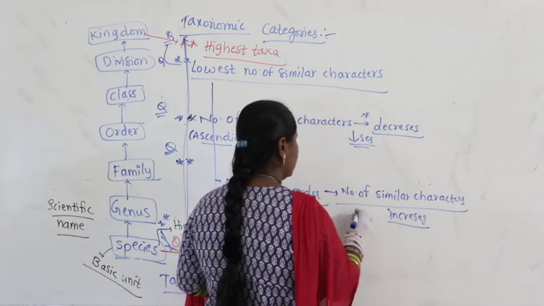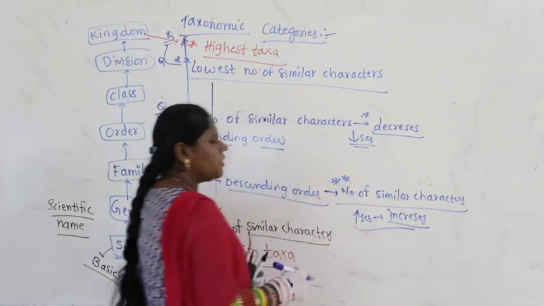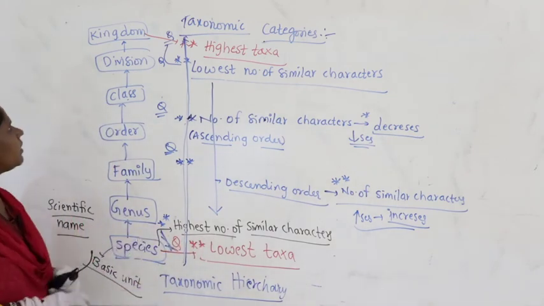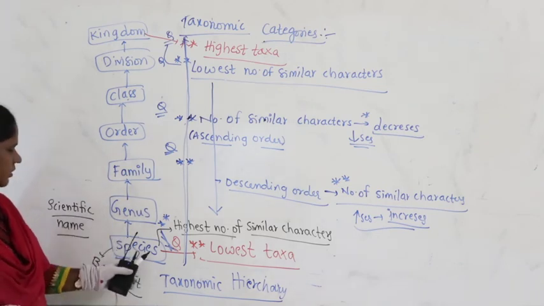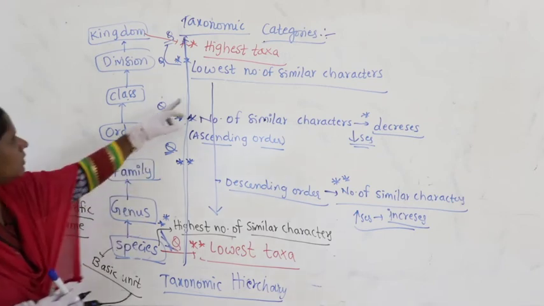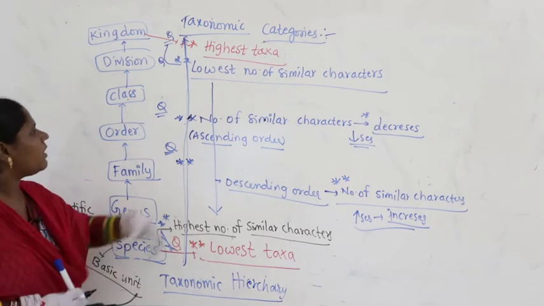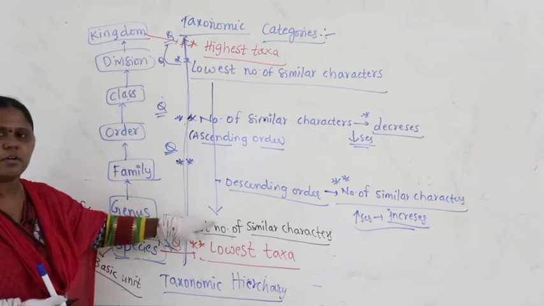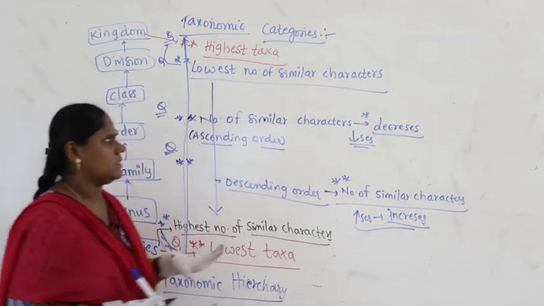Why does it increase? Because we are coming from kingdom to species. Kingdom is the highest taxa, species is the lowest taxa. Down arrow means descending order, and the number of similar characters increases.